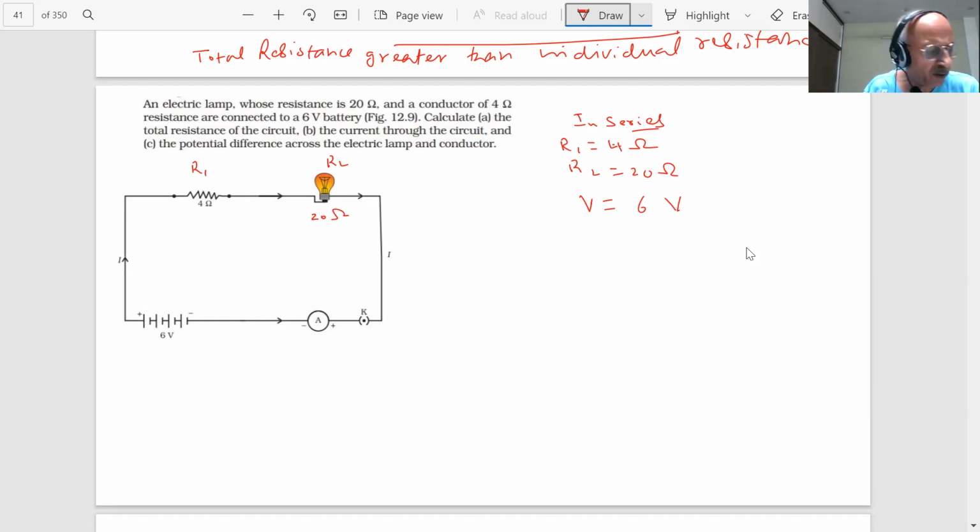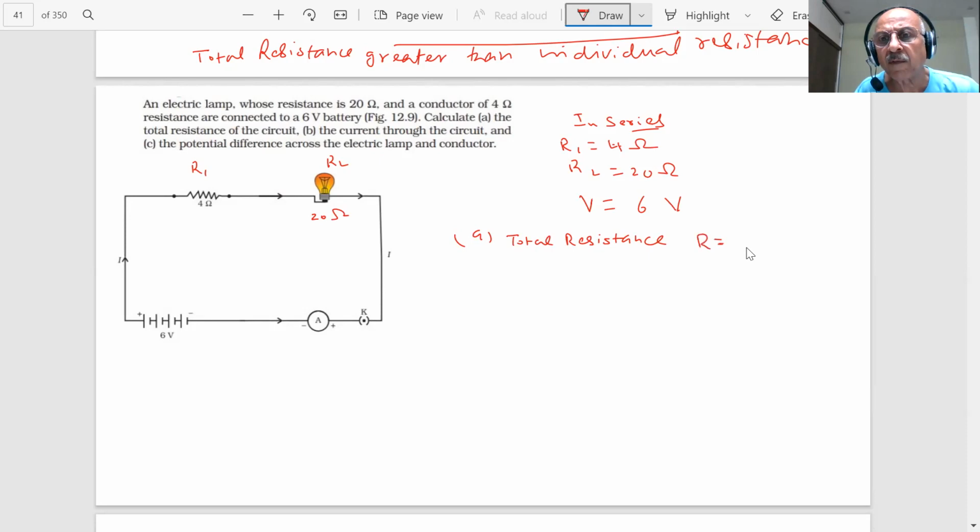Calculate the total resistance of the circuit, student. You have 1 minute to answer the question. How do you calculate the total resistance in series? You have two resistors, R1 and R2, connected in series.